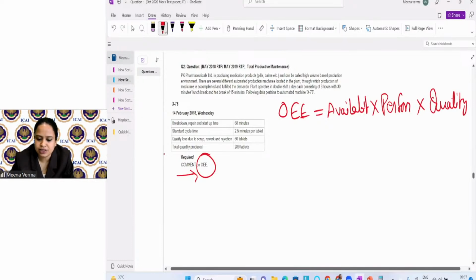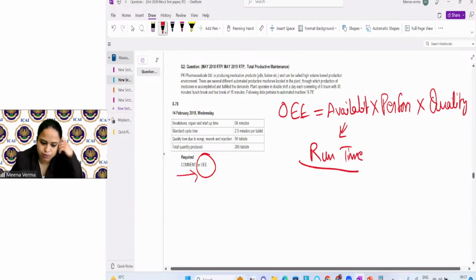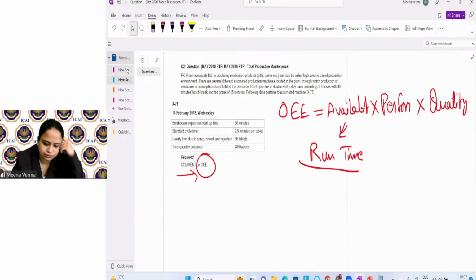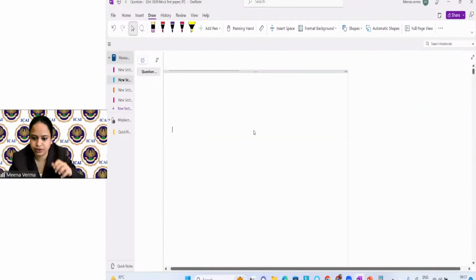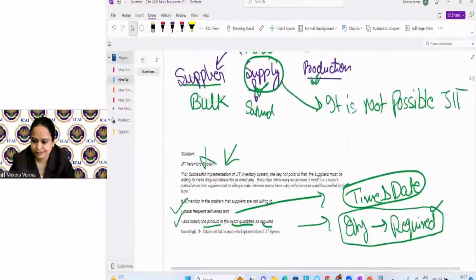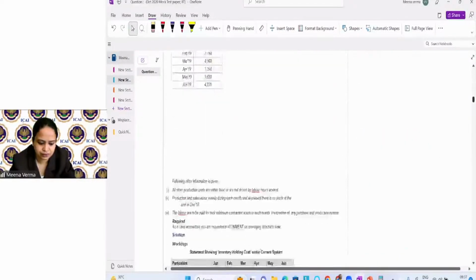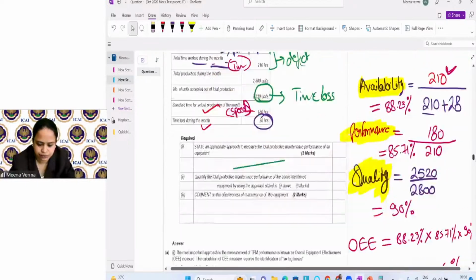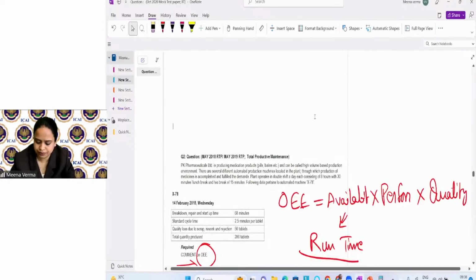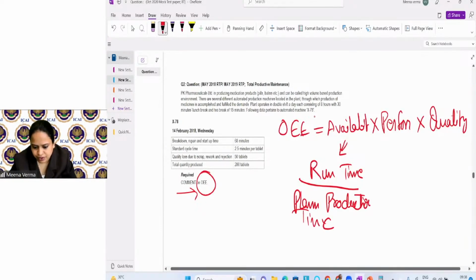Now, availability is actually the formula of runtime divided by planned production time.